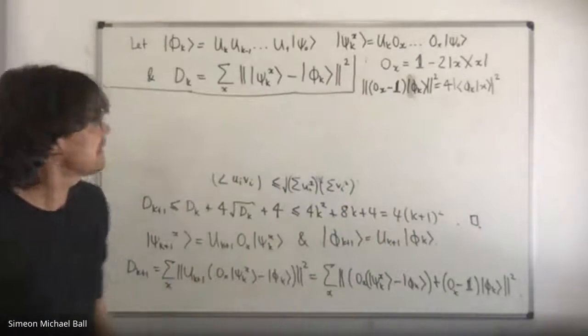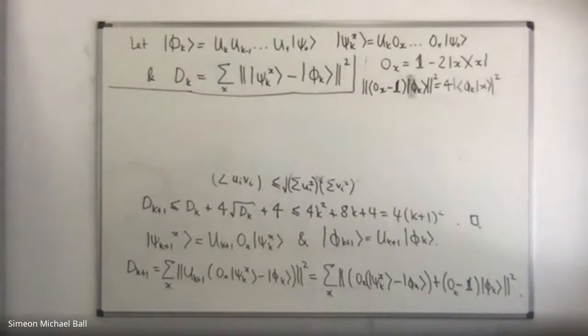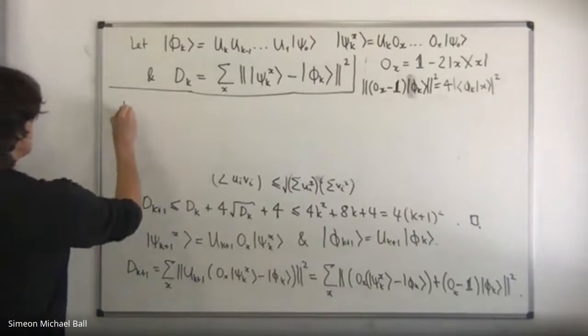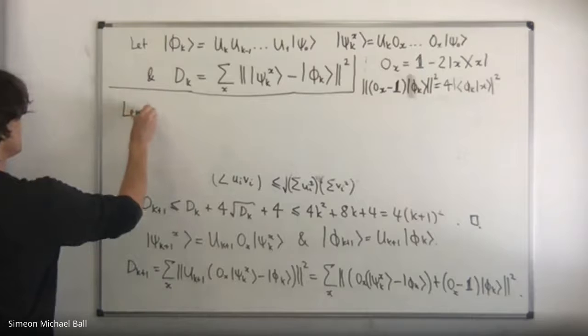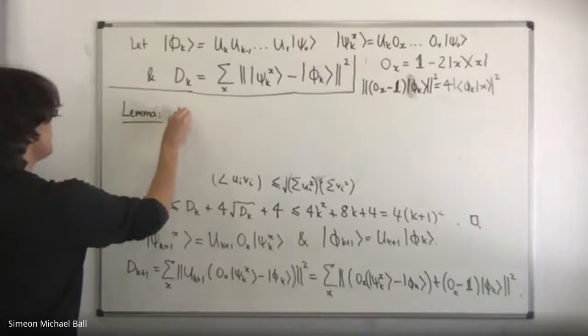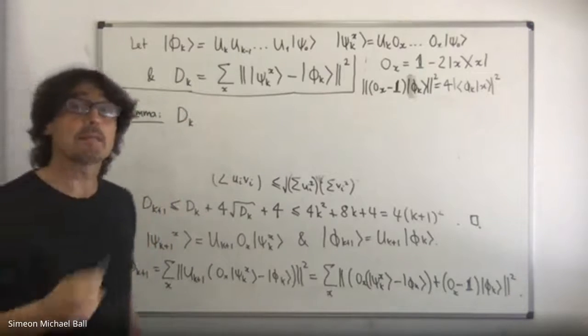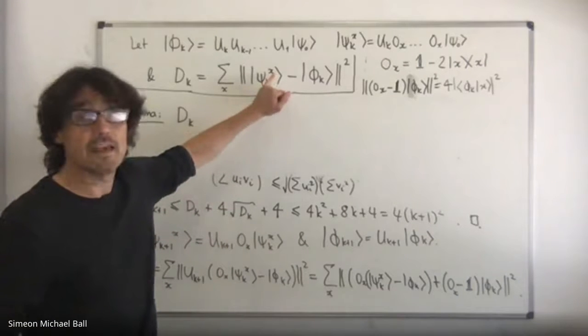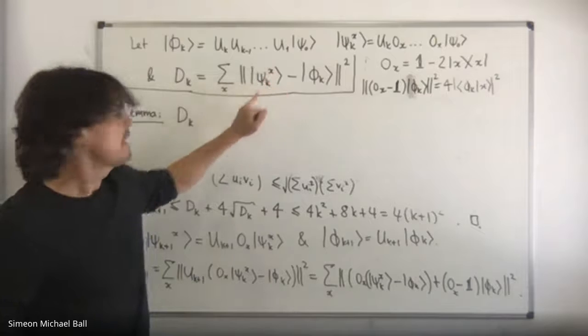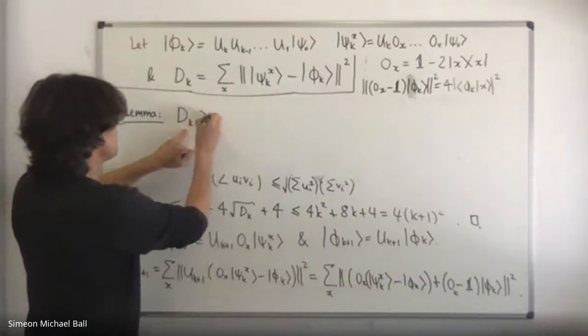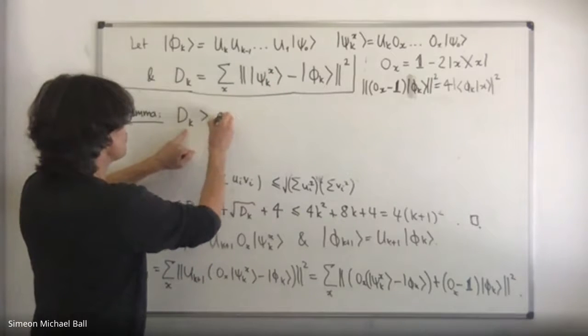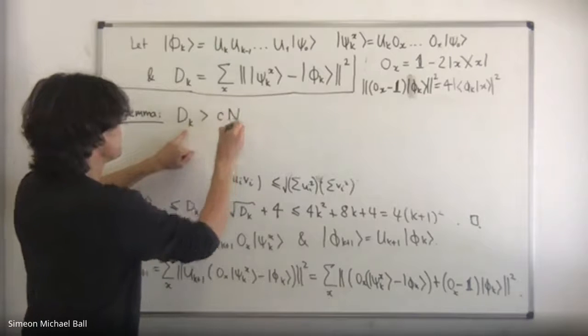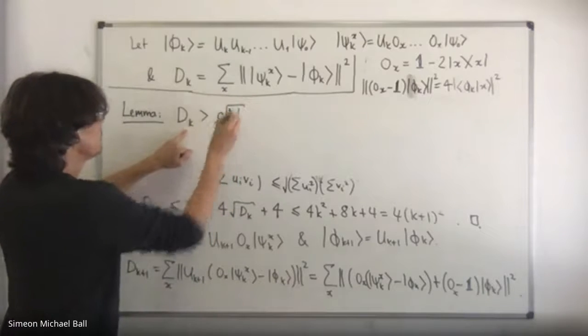this quantity doesn't grow too quickly, and now we're going to prove that if our k is such that the probability of measuring this 5k x with x is at least a half, then we must have that this is bigger than or equal to some constant times square root n.